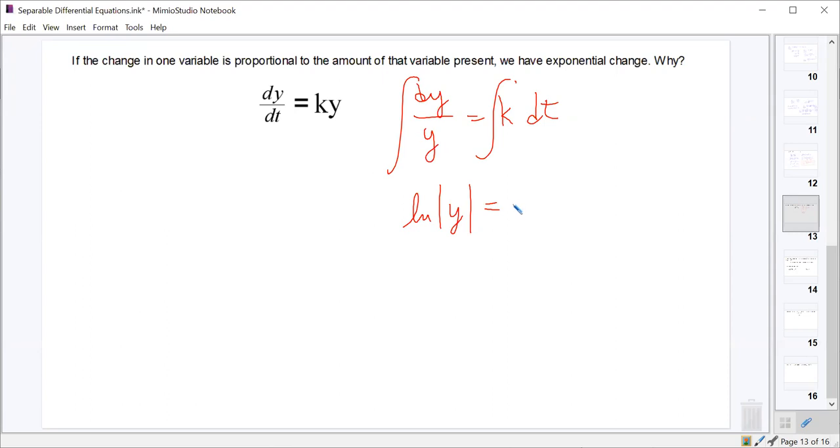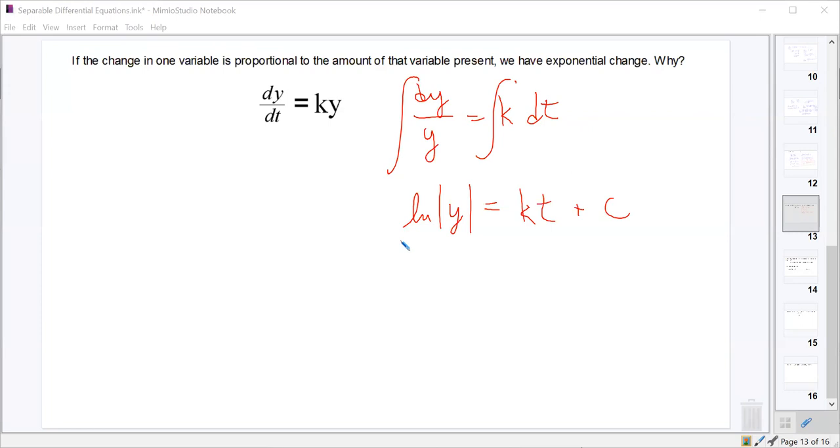That's natural log absolute value y. And what's the integral of a constant dt? kt. Yeah, it should be the constant times t. And then we'll add our plus a constant over there, right? Plus c. Well, I guess we should probably go ahead and solve for y, right? How do we solve this for y?